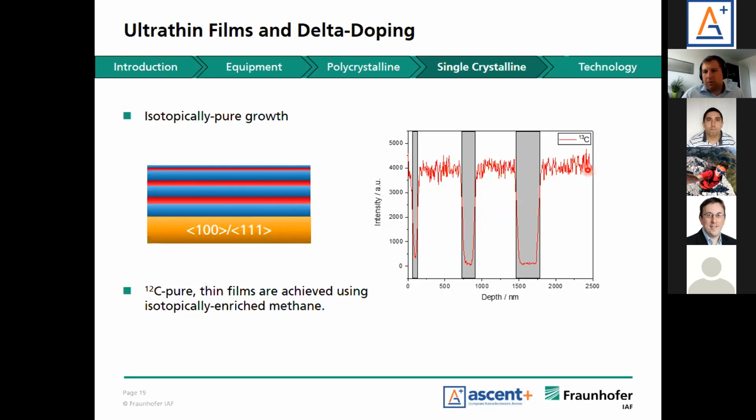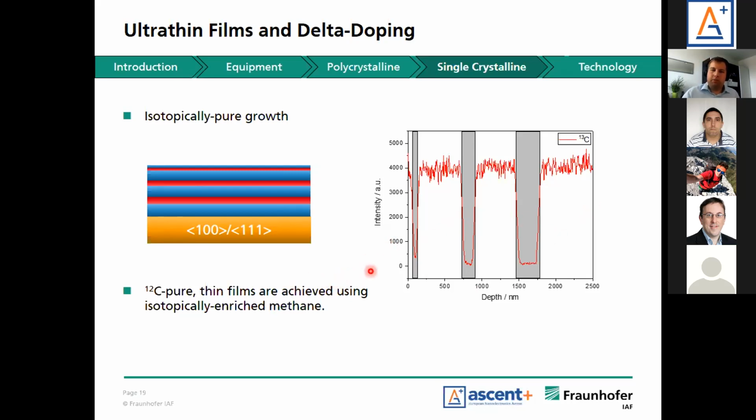And this is a SIMS profile from such a diamond. So the minimum thickness we reached here was below 100 nanometers. We already succeeded in getting even lower. So even so-called delta doped diamond layers should be achievable in these reactors.